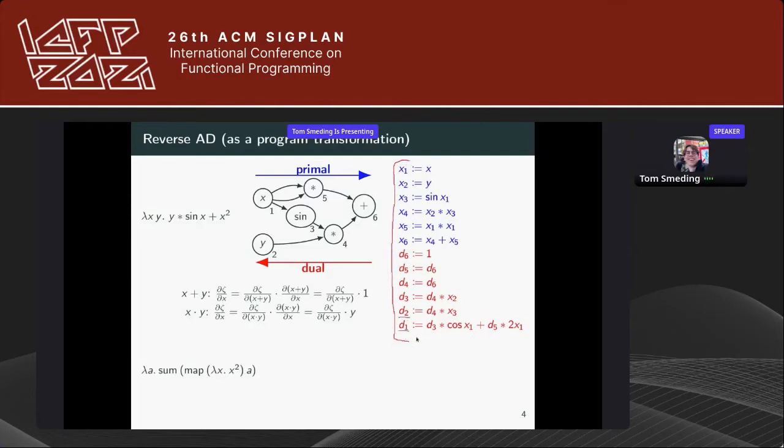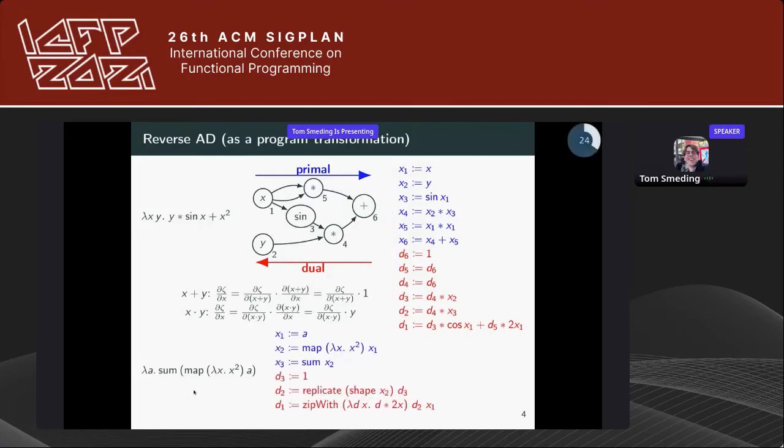You can generalize this function to a language that has some array operations, and you can do the exact same kind of thing. You can differentiate a sum to a replication of the partial derivative, for exactly the same reason that you can copy d6 here over to d5 and d4.